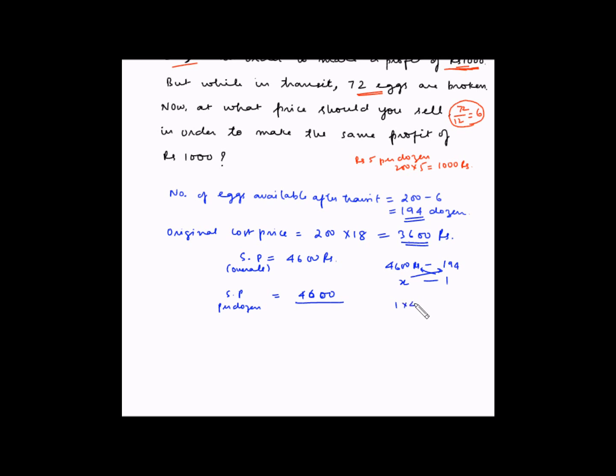So 1 multiplied by 4600 is equal to x multiplied by 194, and x is equal to 4600 by 194. So that's why we are putting selling price per dozen is 4600 divided by 194. This is our side calculation. So if we calculate 4600 divided by 194, we get the amount of 23.7 rupees. So selling price per dozen is equal to 23.7 rupees.